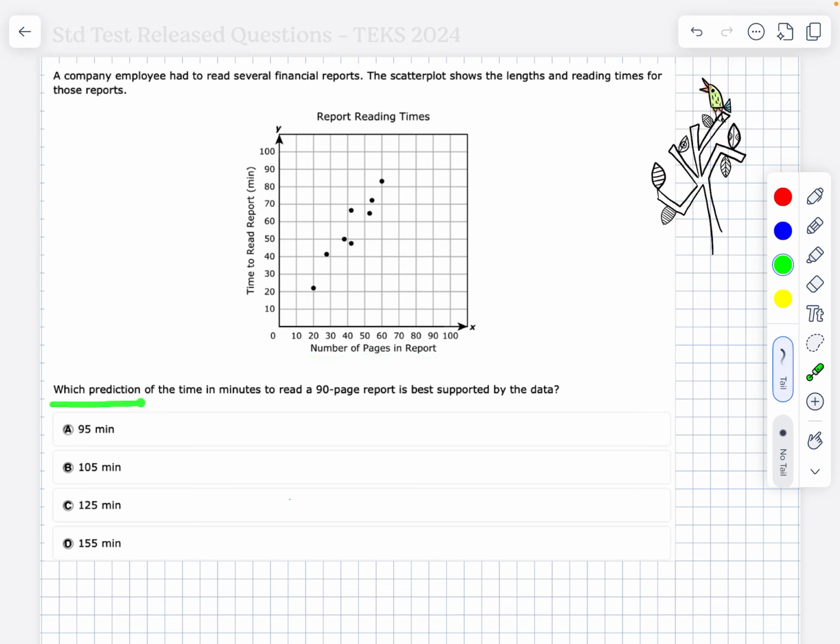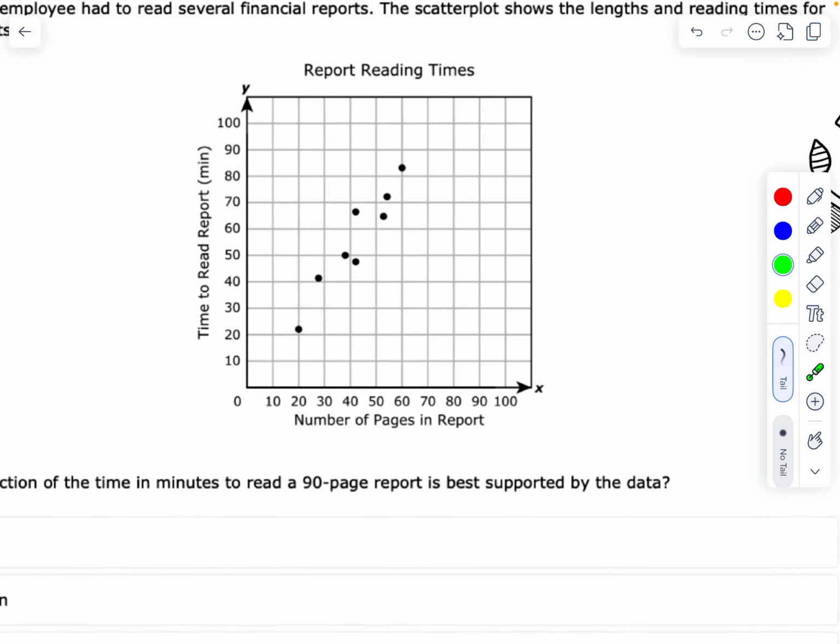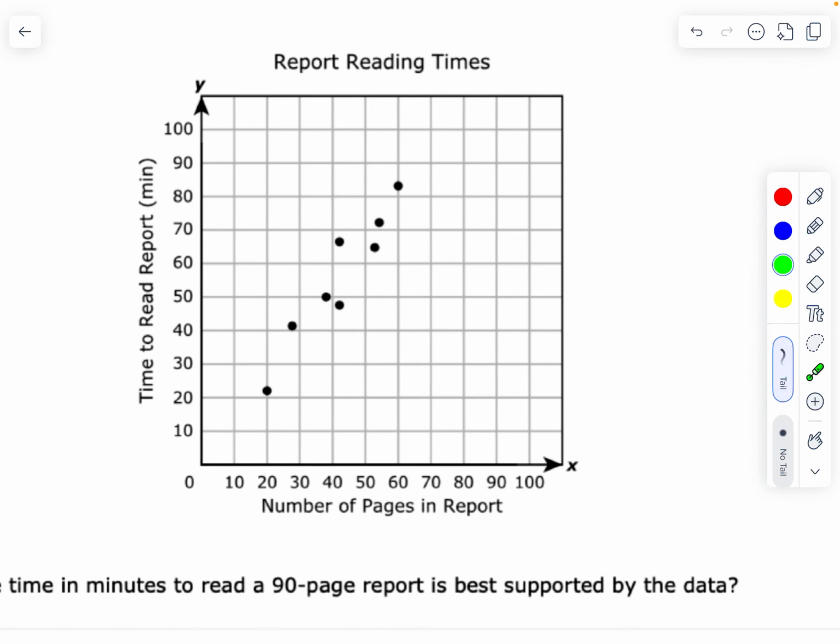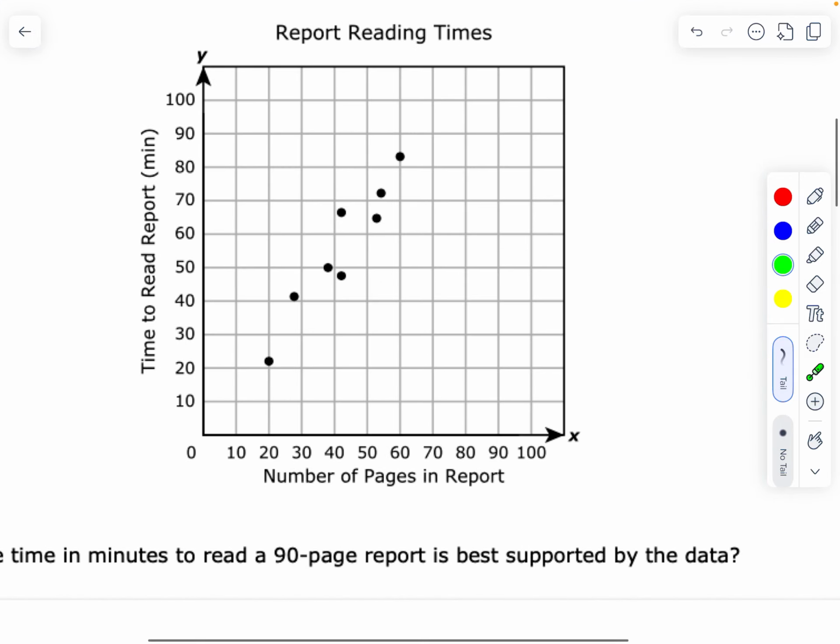Which prediction of the time in minutes to read a 90-page report is best supported by the data? Okay, so let's zoom in here. We've got to figure out about how much time it would take to read a 90-page report based on this information.